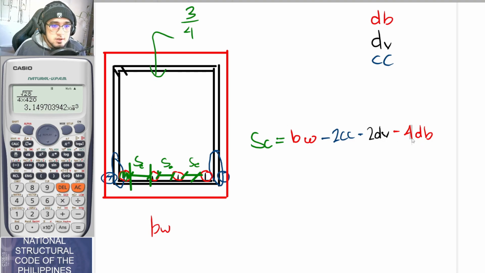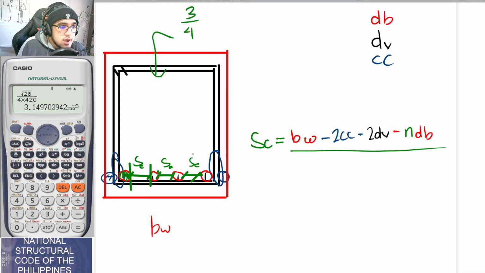So I think it is better for us to rewrite this in a new letter and let this be letter N. So basta may N dyan, guys. So N dB, the number of bars here. Okay, so we would be dividing this by what?